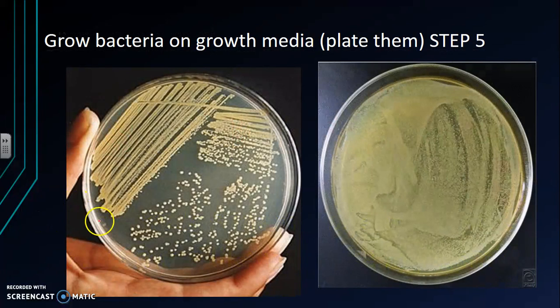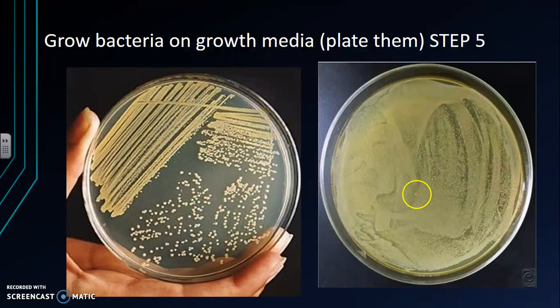Each one of these is a plate. That orange or yellow stuff is the bacteria. Each one of these dots is called a colony, and a colony of bacteria has about 1 million bacteria cells in it. On the petri dish is some agar that bacteria grow on, and it has all the nutrients they need to live.